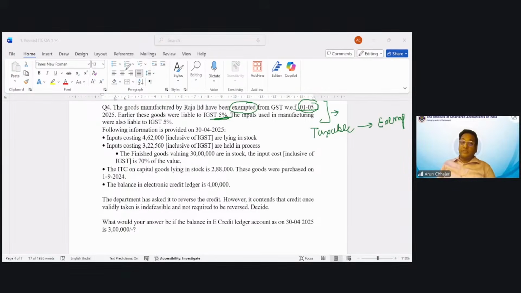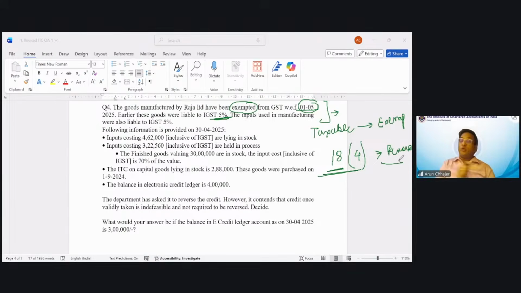No, no, it is not composite supply. Absolutely correct. Section 18 will come into the picture and I need to reverse the ITC.